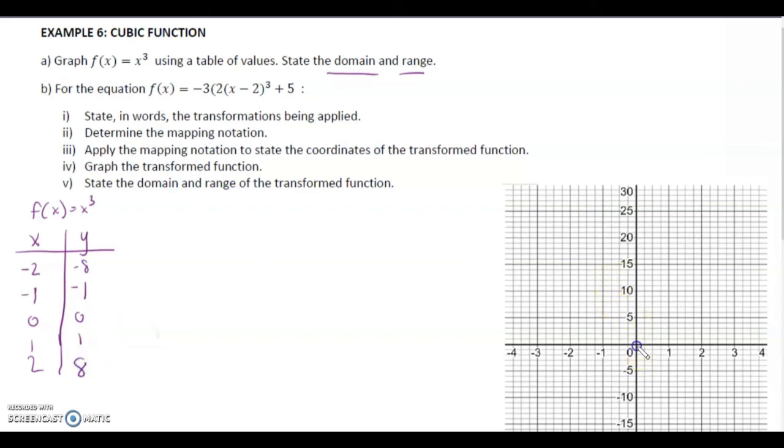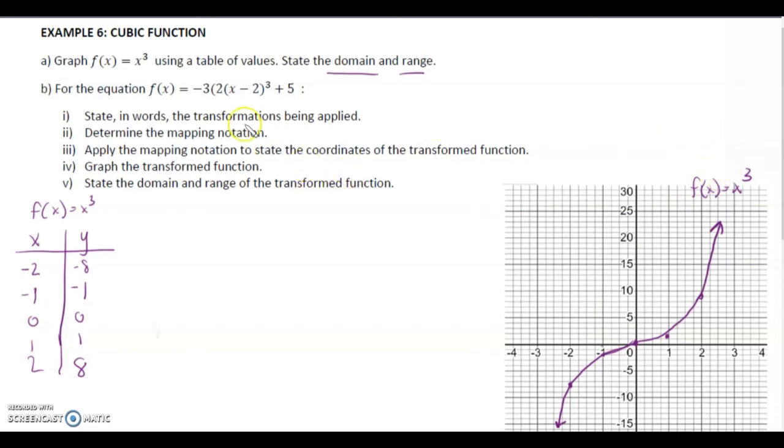I think that's correct. Yes, it's going to go like this. Beautiful. And then (-1, -1), and then (-2, -8). Awesome. Here we go, x³.